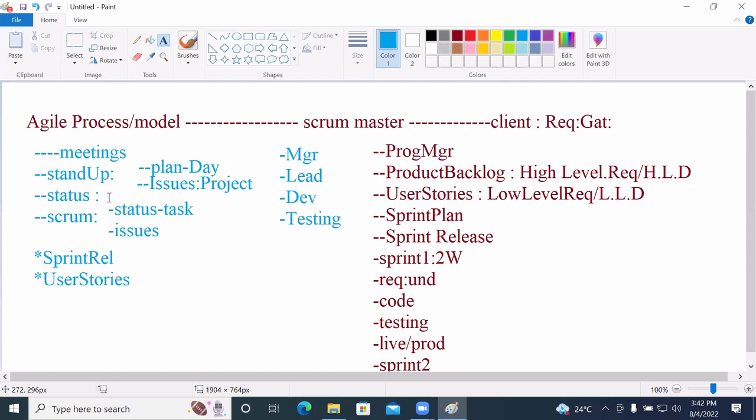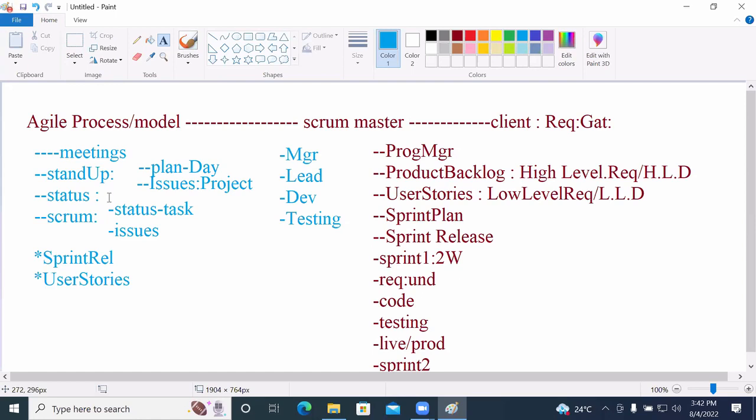Once you enter into the real time, in the project you are working on, even though it is an Agile project, they may or may not conduct these meetings on a daily basis.